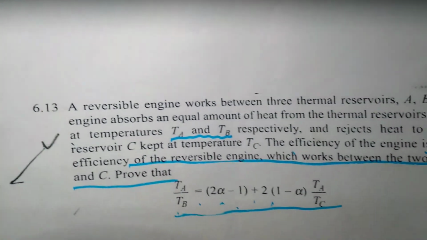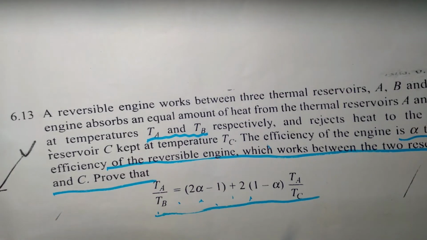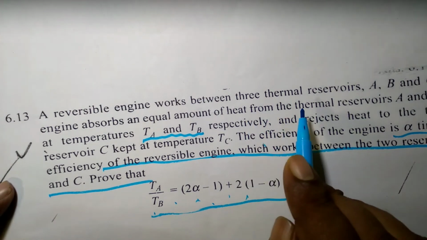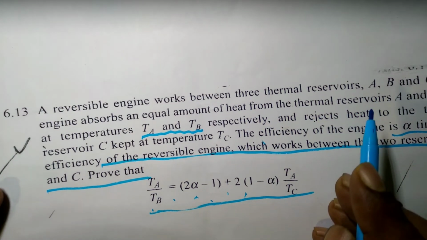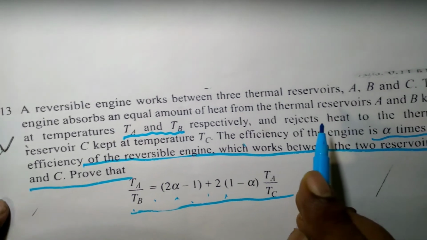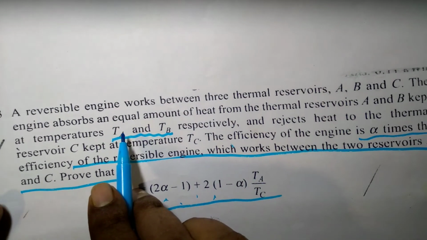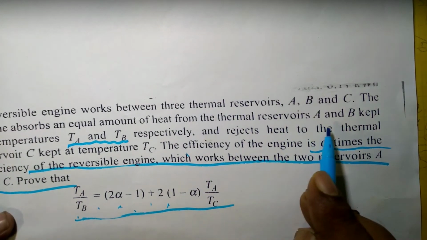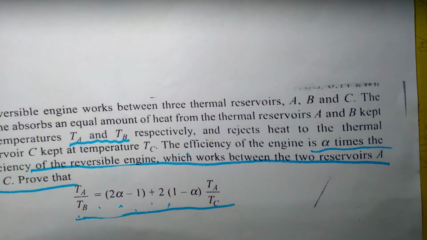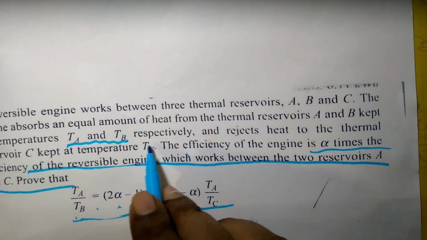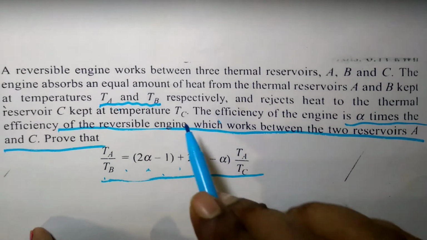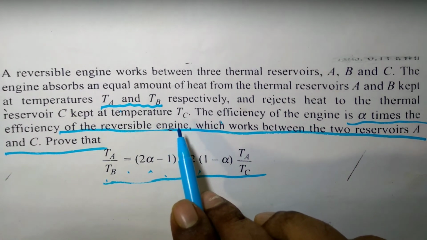6.13: A reversible engine works between 3 thermal reservoirs A, B and C. The engine absorbs an equal amount of heat from thermal reservoirs A and B kept at temperatures TA and TB respectively and rejects heat to the thermal reservoir C kept at temperature TC.